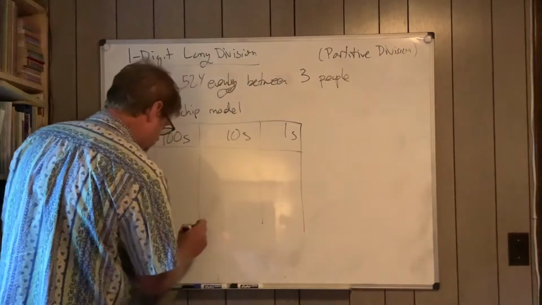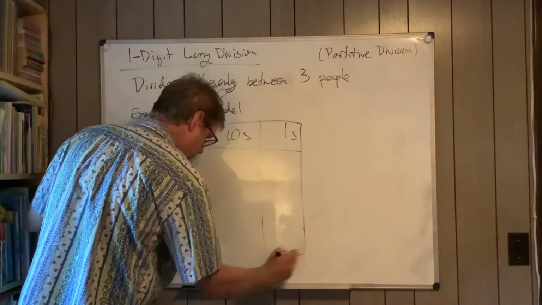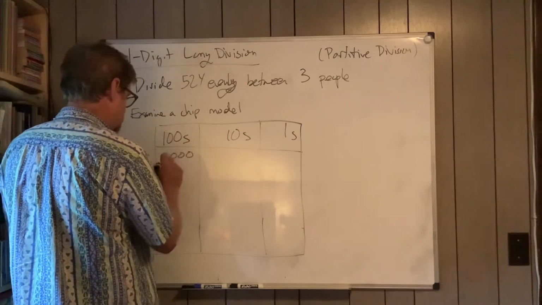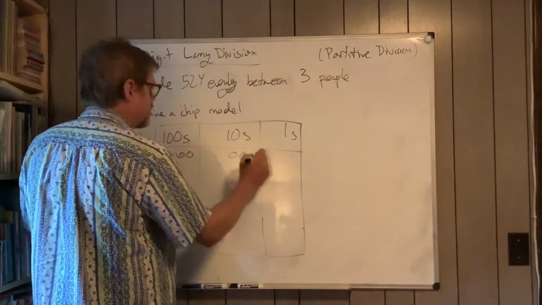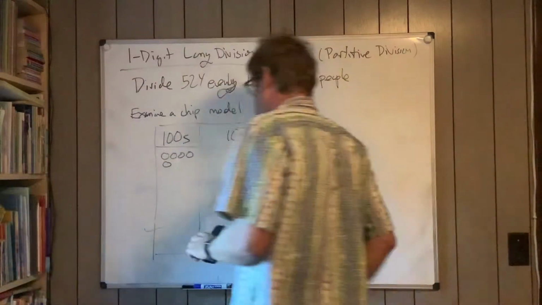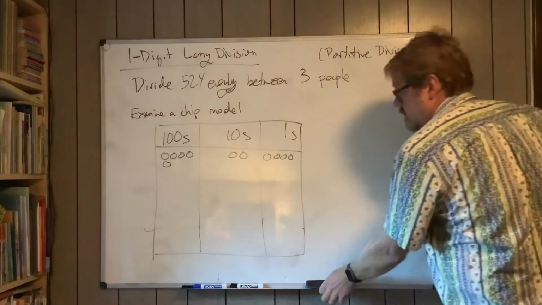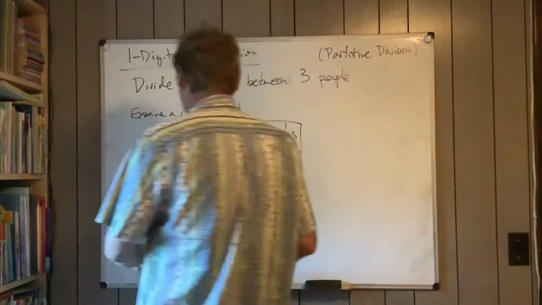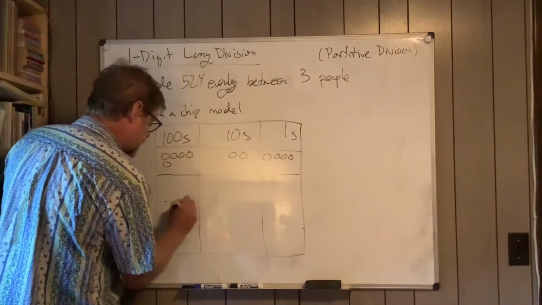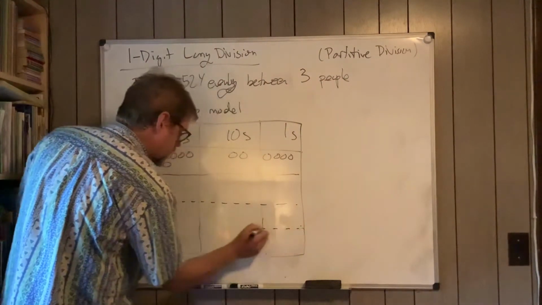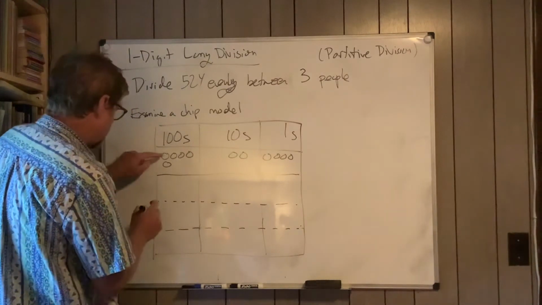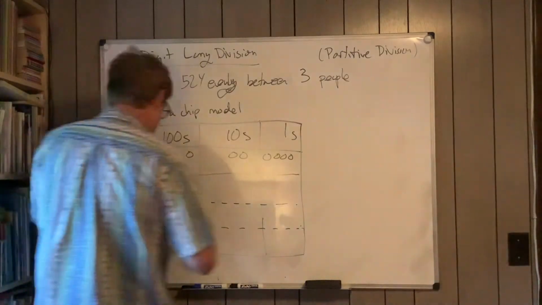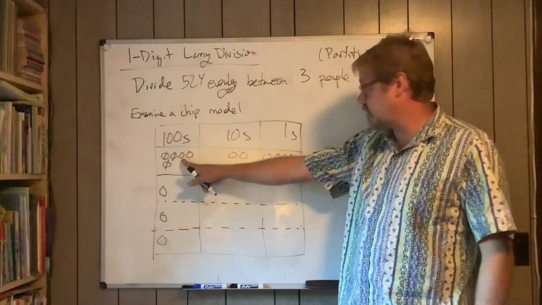Let's give ourselves plenty of room. 524, 1, 2, 3, 4. Okay. So the first thing I'm going to do is, I've got 3 people, so I'm going to break to 3 groups. Okay, so 1, 2, 3, 1, 2, 3, and I have 2 left, so I can't do any more of those.